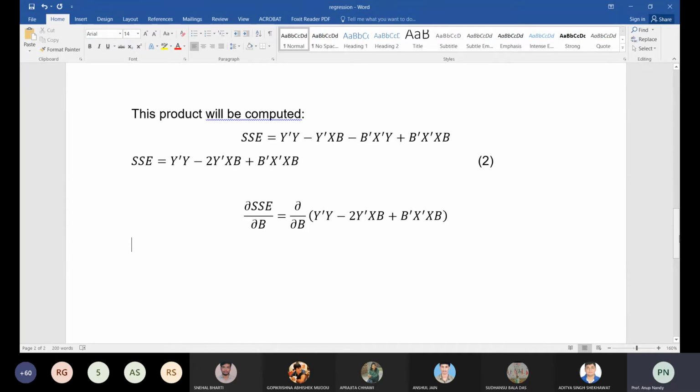Since you are treating all matrices besides B as the equivalent of constants, the first term is completely based on the Y matrix.